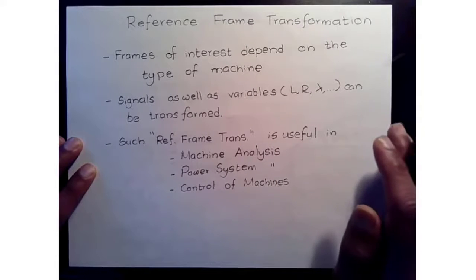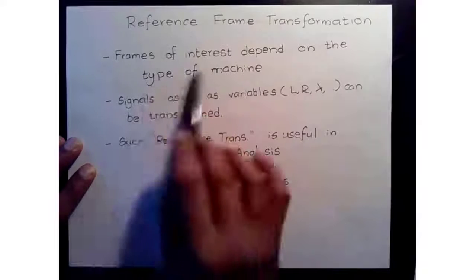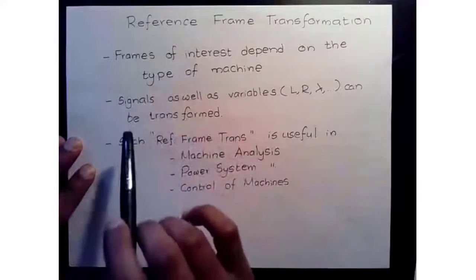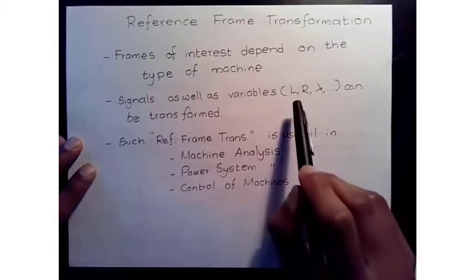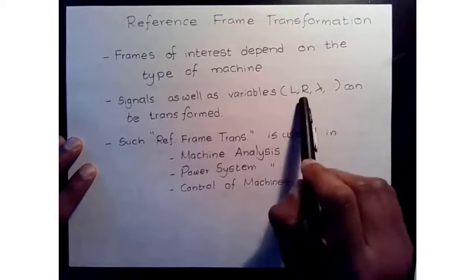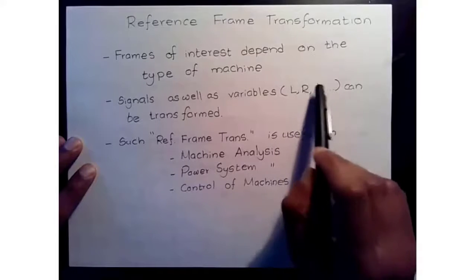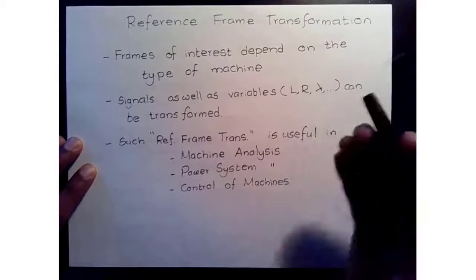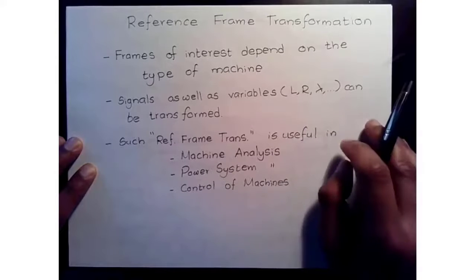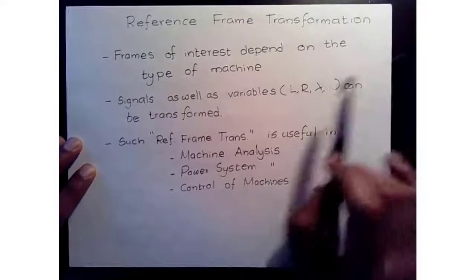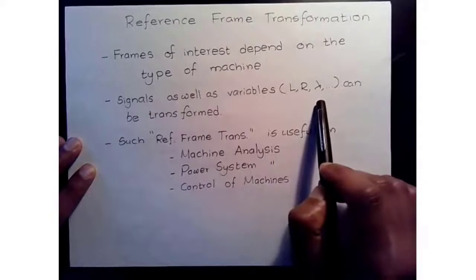Okay, so with this transformation, we can transform variables such as inductance, currents, flux linkages, apart from voltages and currents. So that's going to be very helpful, and we'll learn about that.